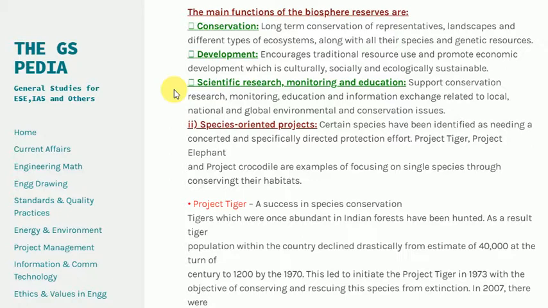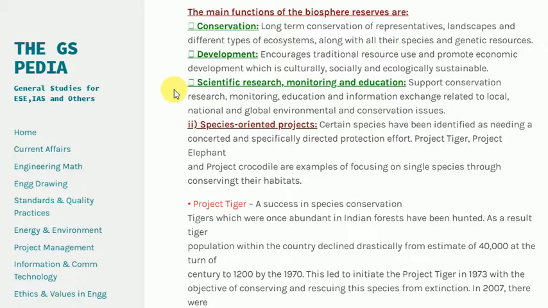Development, which encourages traditional resource use and promotes economic development that is culturally, socially and ecologically sustainable. Scientific research, monitoring and education support conservation: research, monitoring, education, and information exchange related to local, national and global environmental and conservation issues.